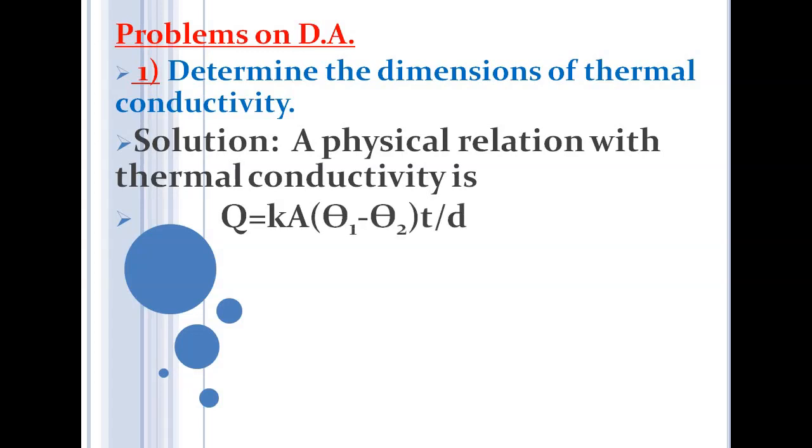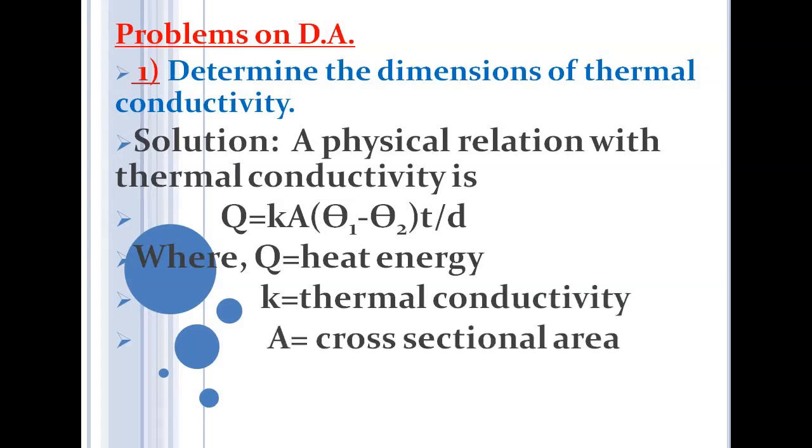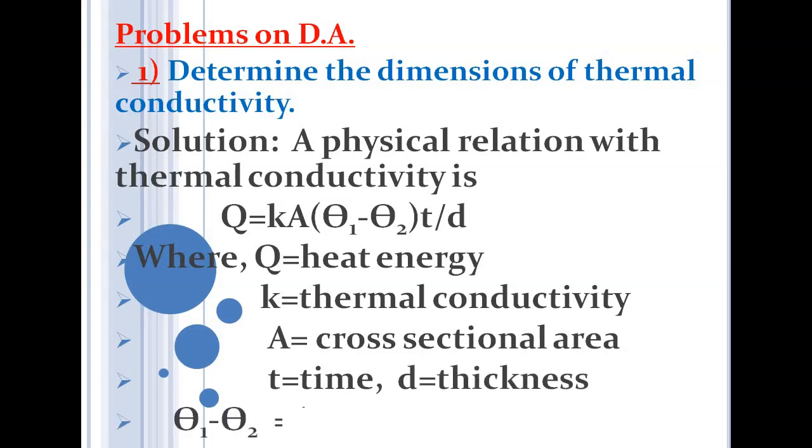A relation concerning thermal conductivity is Q equals K A (theta 1 minus theta 2) T divided by D, where Q is the heat energy, A is the cross-sectional area, K is thermal conductivity, theta 1 minus theta 2 is the difference in temperature, T is time, D is thickness.